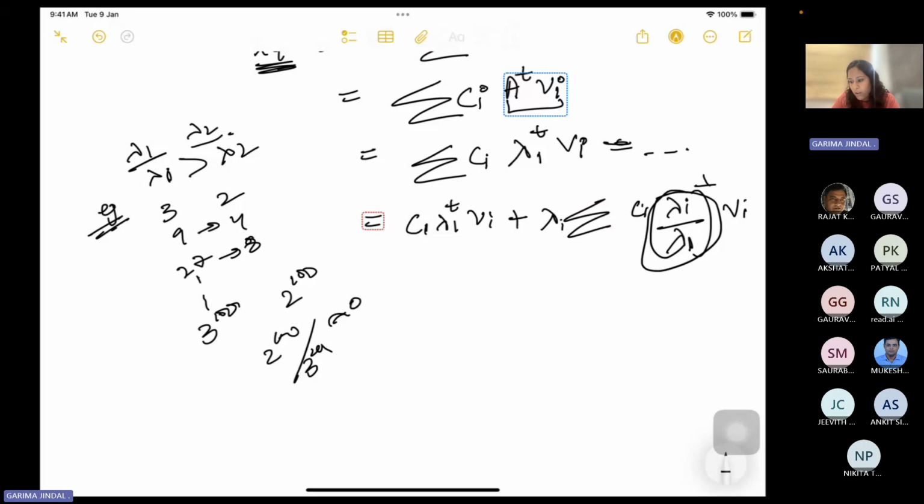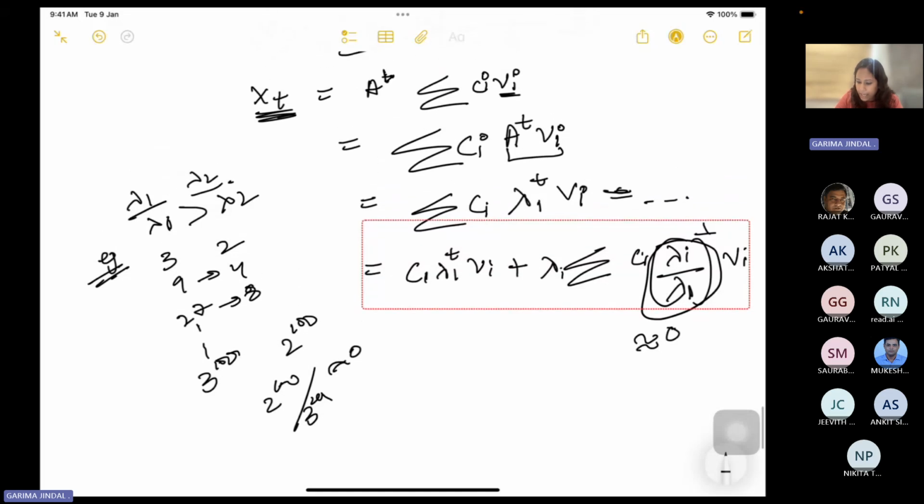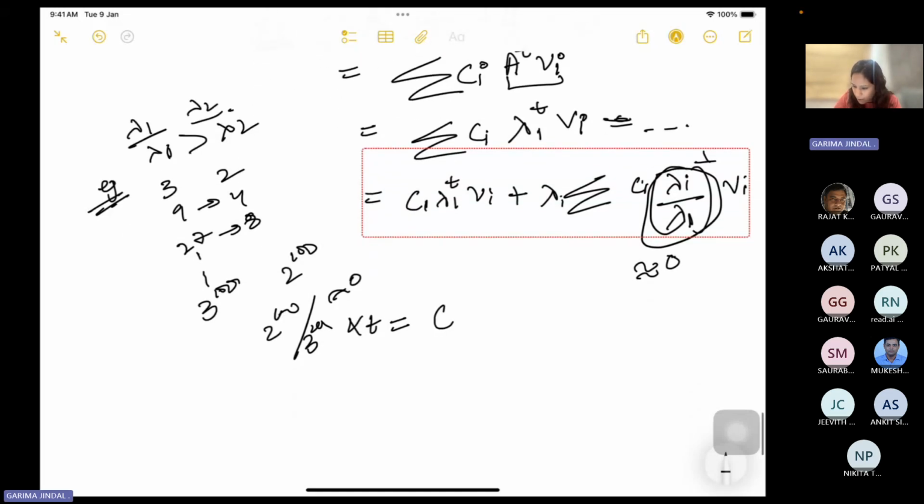This value will be approximately equal to 0. So from this example, we can say that xt is dependent upon Ci, Vt and V1.